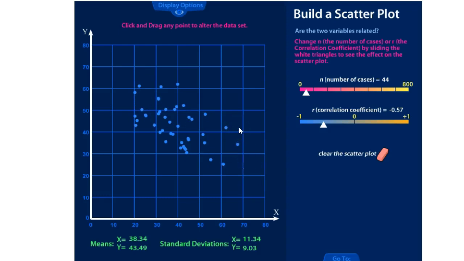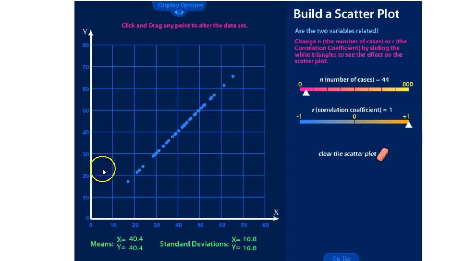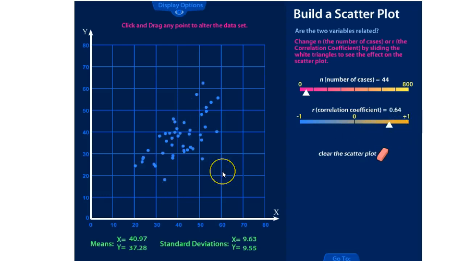And so that's a scatter plot and what correlation coefficient is for the most part. -1 is a perfect line going down and to the right with a negative slope. +1 is a positive slope going up and to the right. But correlation coefficient is not slope. Be careful there. It is just a value that gives you approximately how linear it is and then what direction the slope is headed.